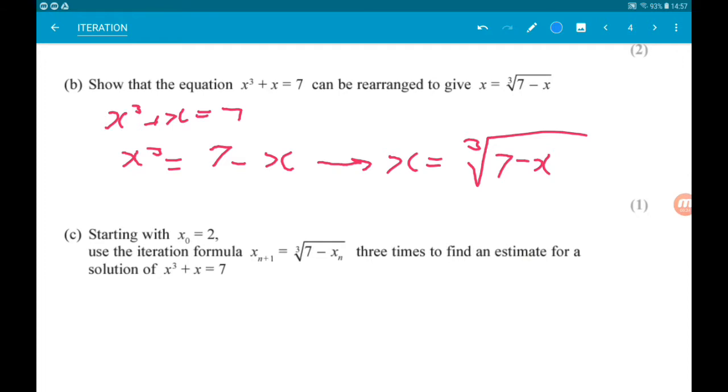So, into your calculator, put 2 plus equals and then you want to put in the cube root of 7 minus answer, press equals, then we will get x1 is equal to, at 5 decimals, 1.70998.